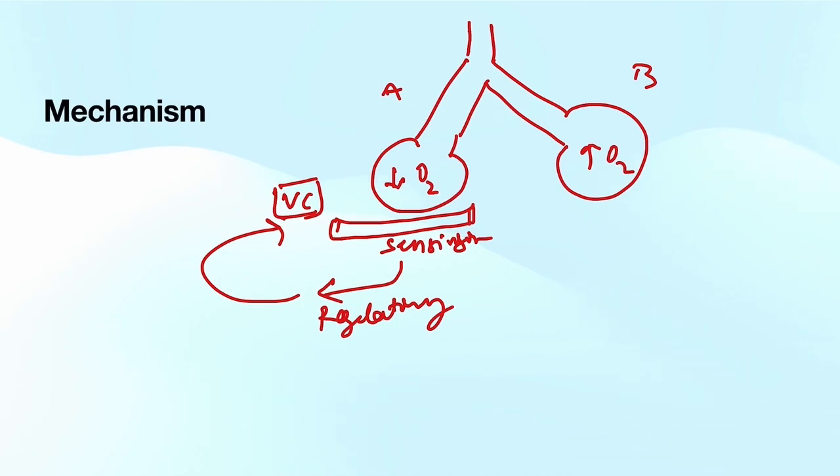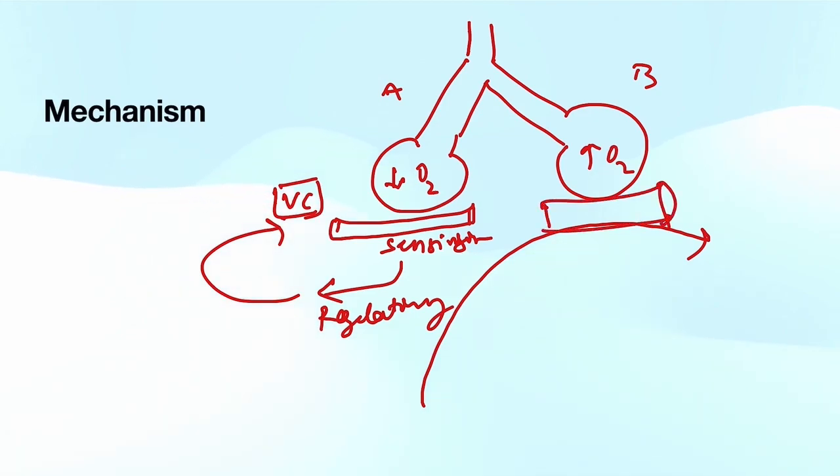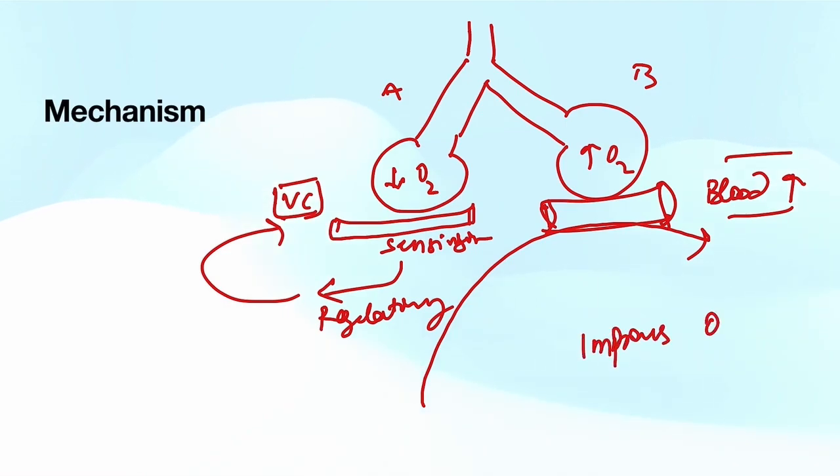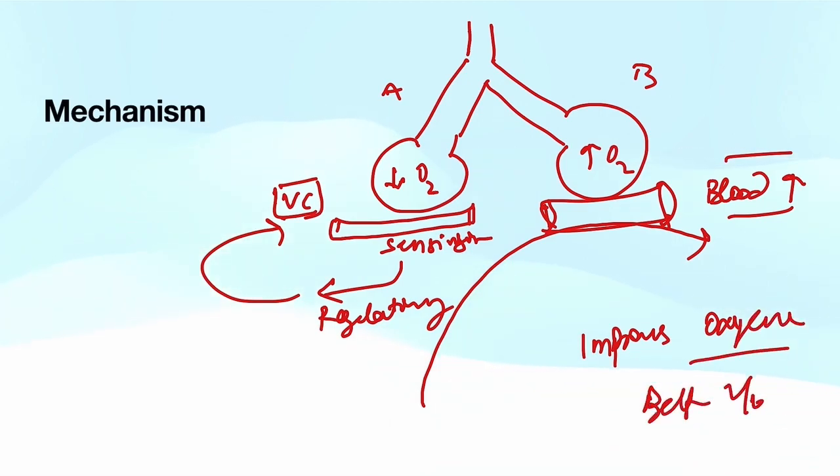Then what happens, blood is diverted from the region A to the region B, right, which overall improves oxygenation and better VQ matching, right?